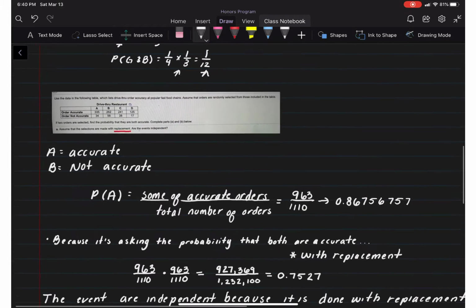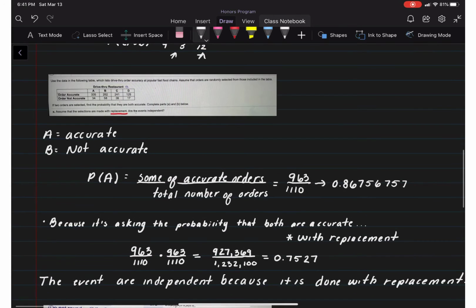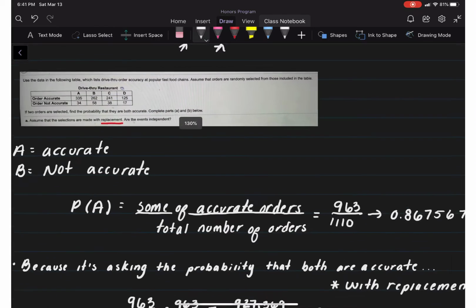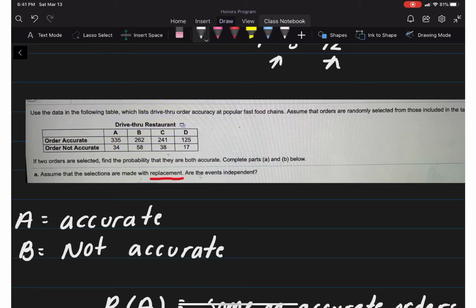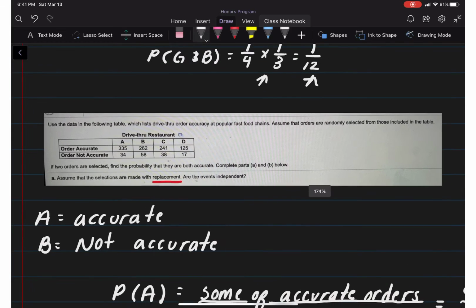So now I took a question from your little in-class assignment and walked it through. So the question says, use the data in the following table which lists drive-through order accuracy at popular fast food chains. Assume that orders are randomly selected from those included in the table.